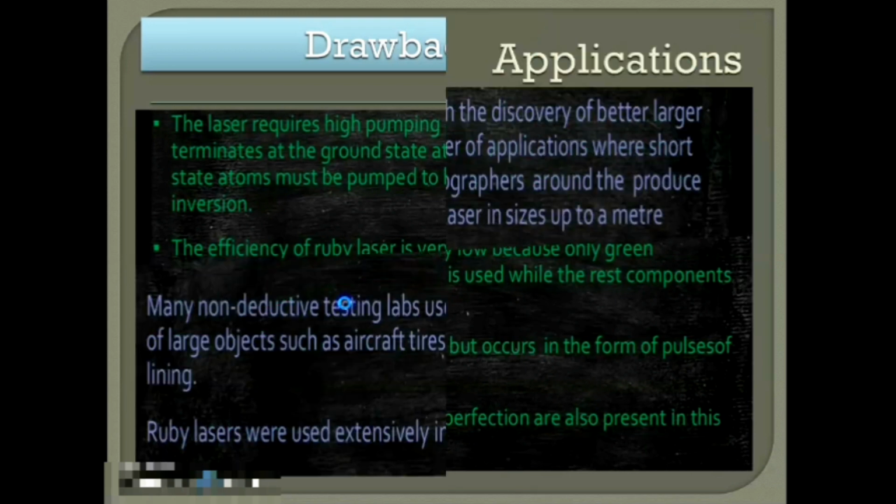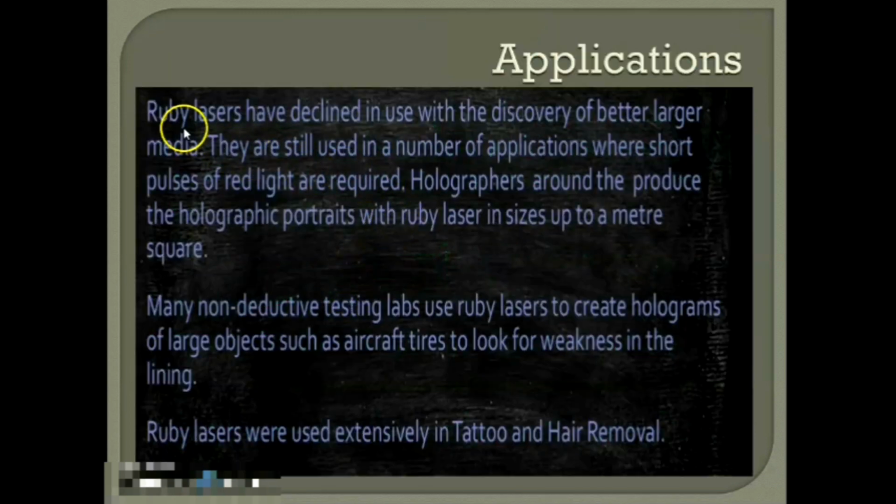And now the applications of the Ruby laser. Ruby laser has declined in use due to the discovery of better laser media. In holography we generally use the Ruby laser due to its red color; the color of Ruby laser radiation is red.